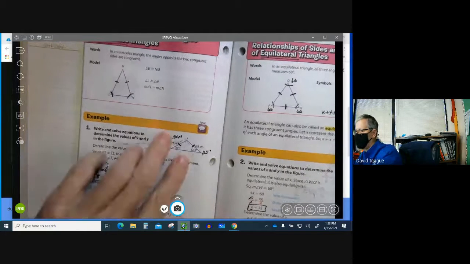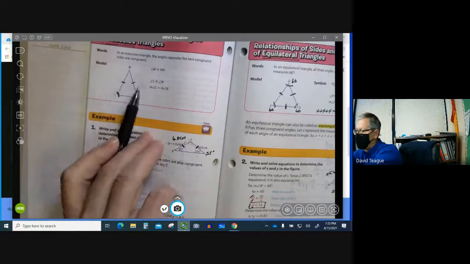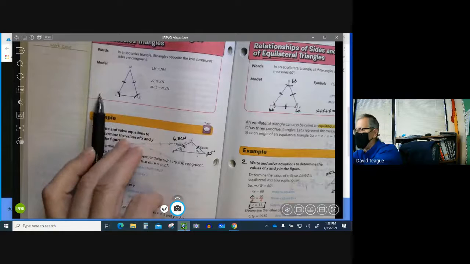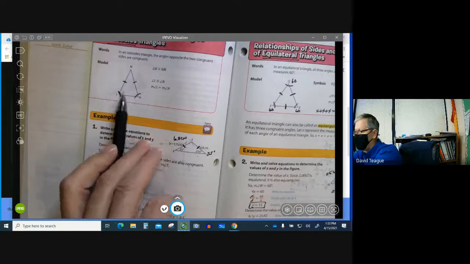And yesterday we talked about isosceles triangles, how you have congruent sides and congruent angles, so the angle opposite the congruent side.